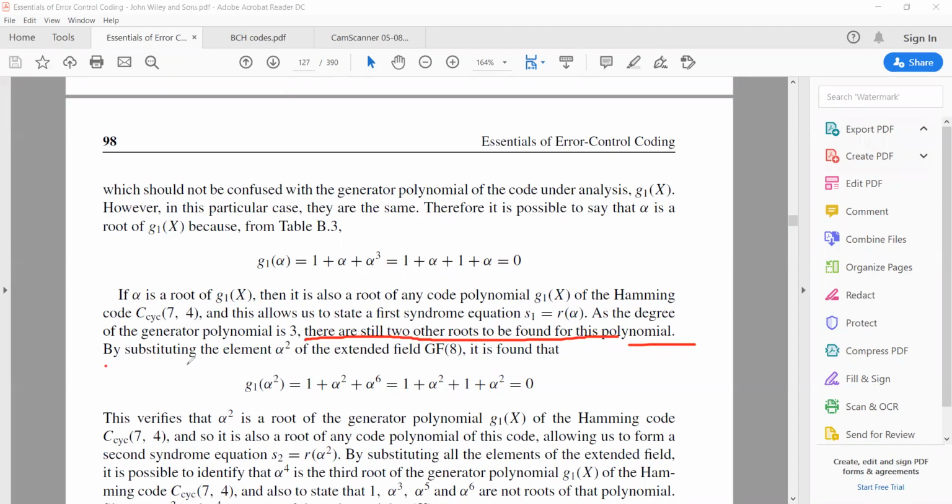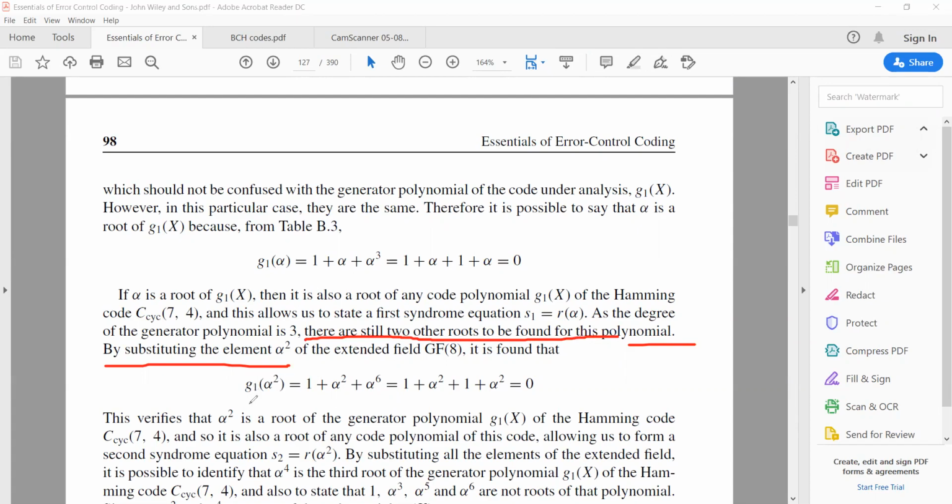By substituting alpha square, let us see whether we can make the generator polynomial 0 or not. If this is 0, then we can consider alpha square as the second root of the generator polynomial, 1 plus x cubed.